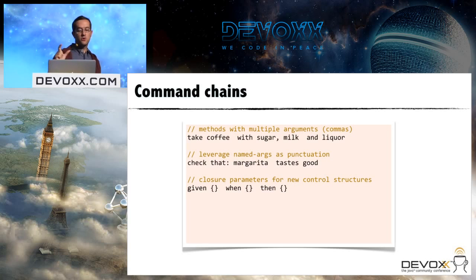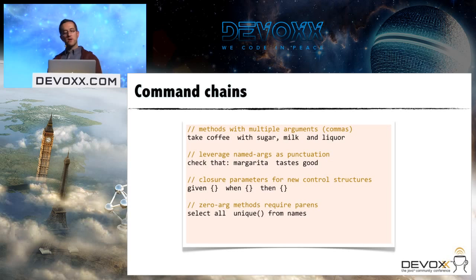You can also use closures. For example, if you want to create your own control structures, like if you're doing BDD, behavior-driven development, using some BDD toolkit or framework, you might be familiar with given, when, then, and you can use closures as if you were creating your own control structures to define given something, when something happened, then, putting that in the body of those closures.